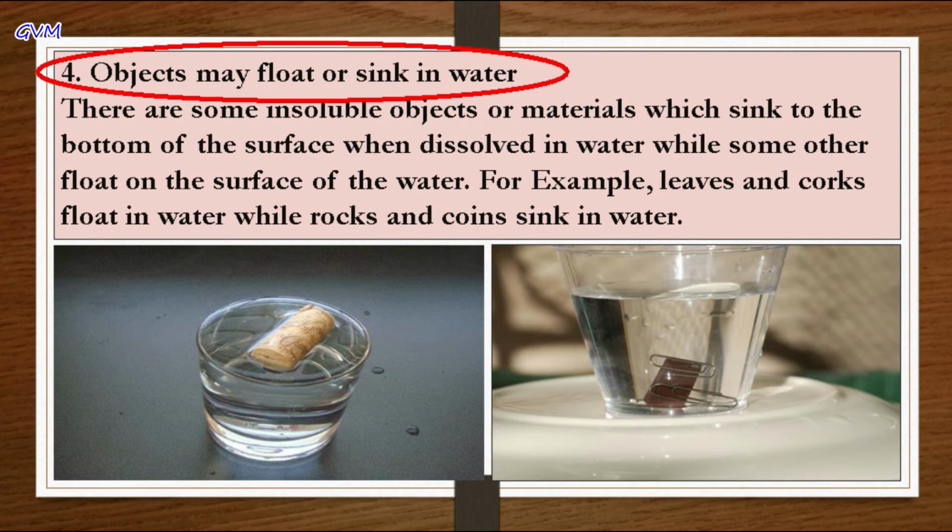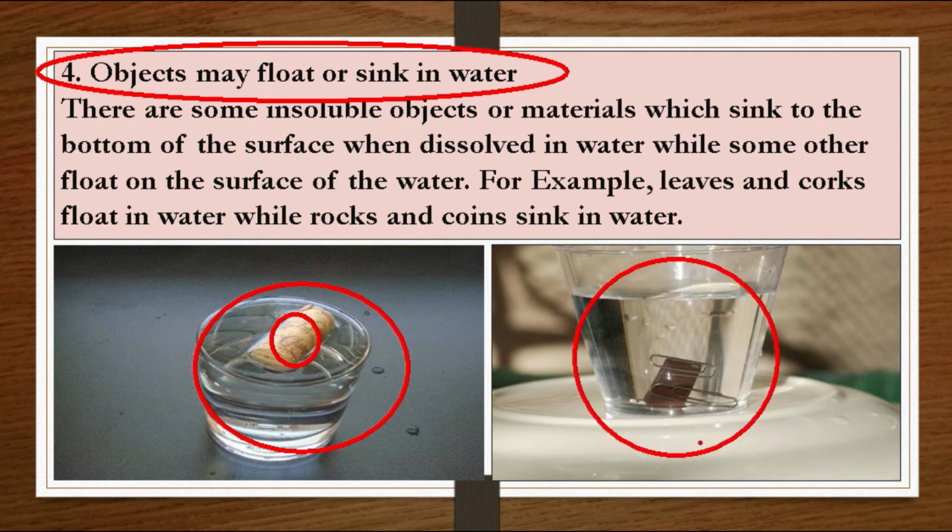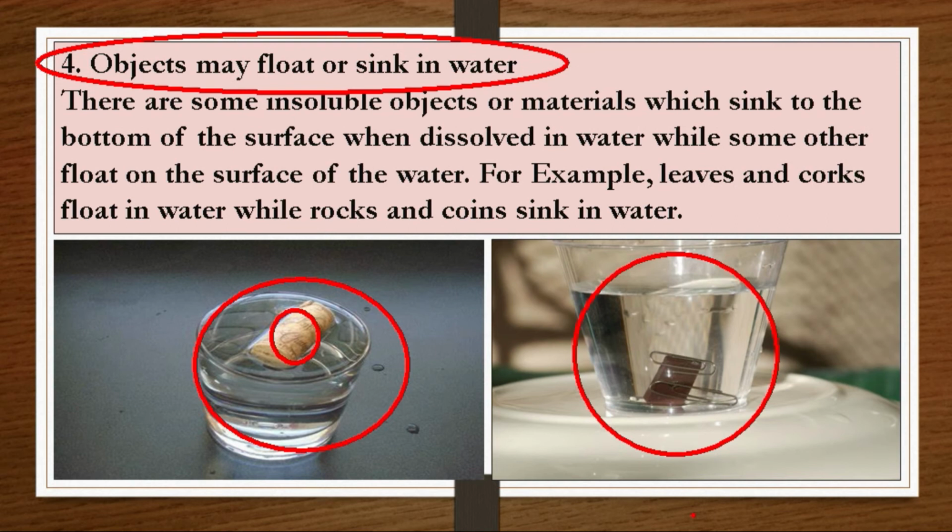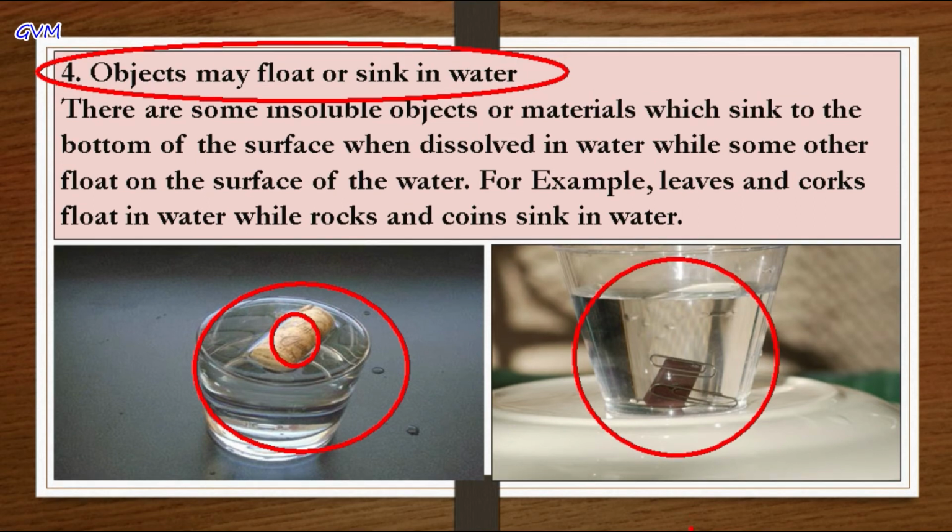As you can see in this figure, this one is the cork, and cork has less density. That's why when we drop cork in water, it will float. Whereas when we drop iron clips in water, it will sink. It means the density of iron clips is more than that of water.